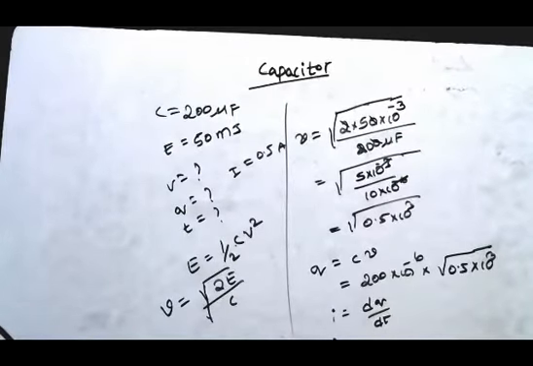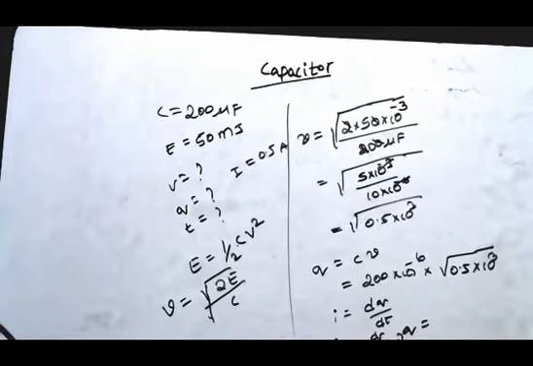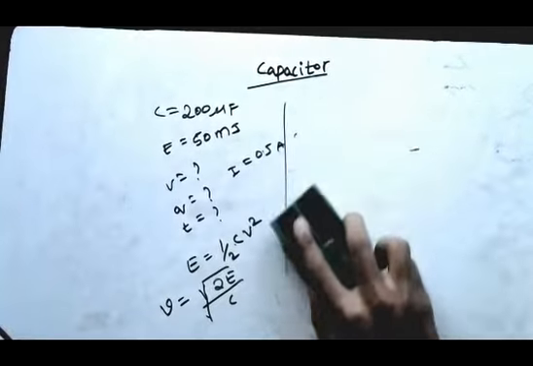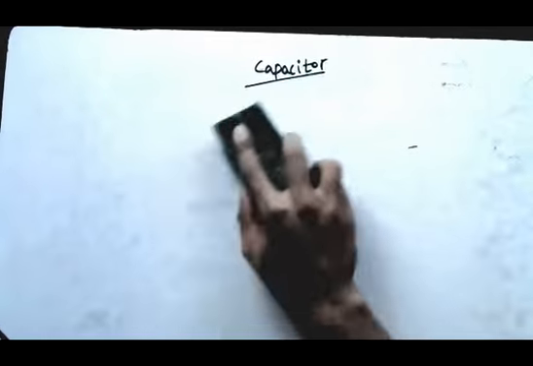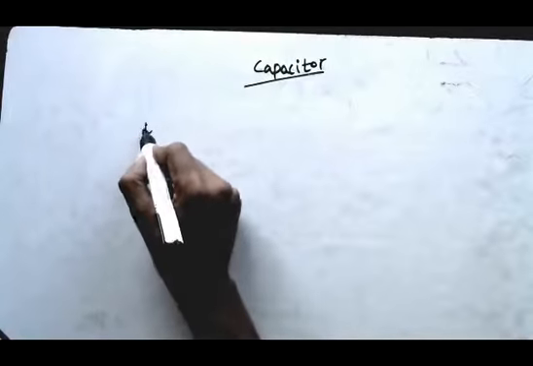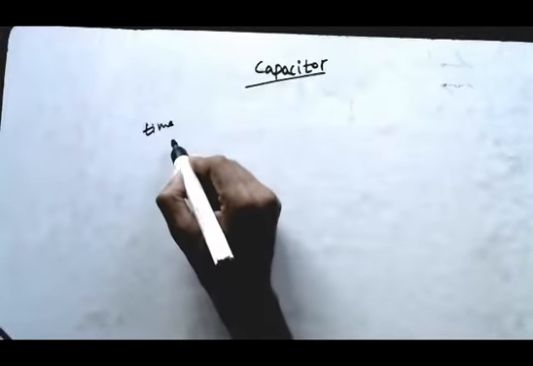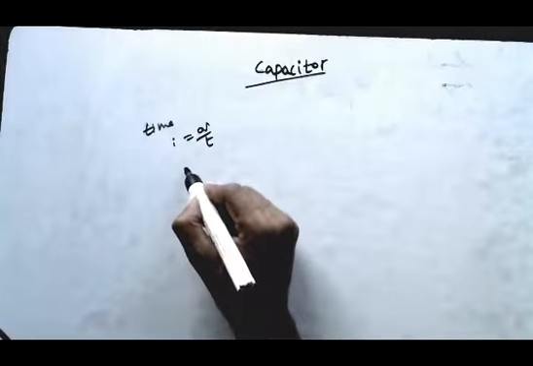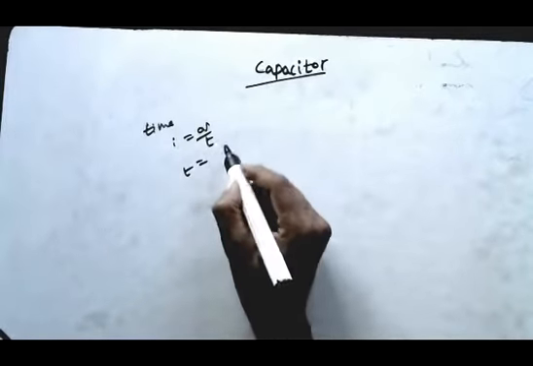So uniform current means Q divided by T. So we'll use this: I is equal to Q by T, so T is equal to Q by I.